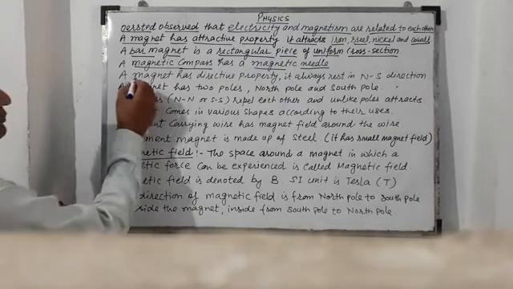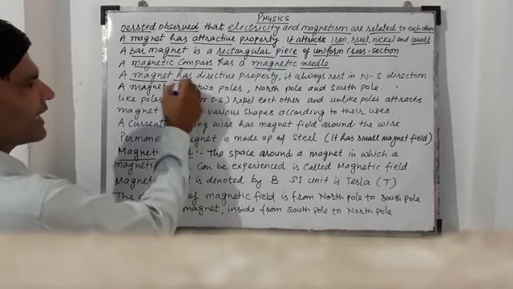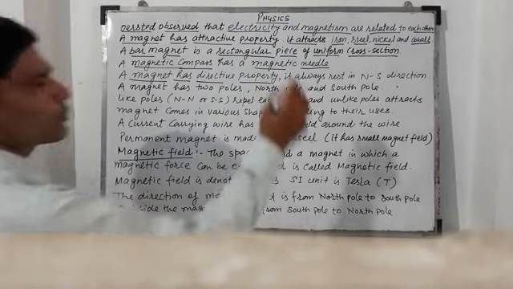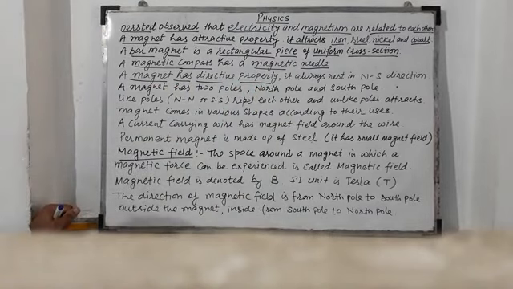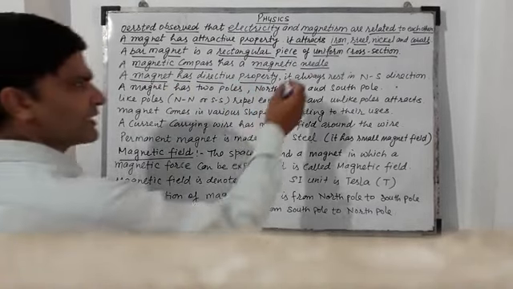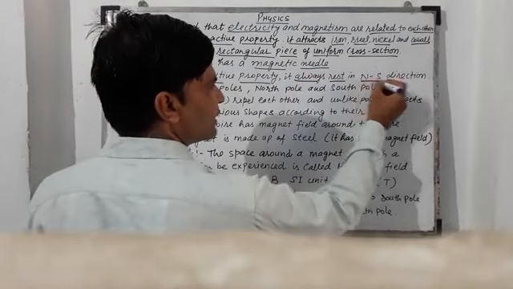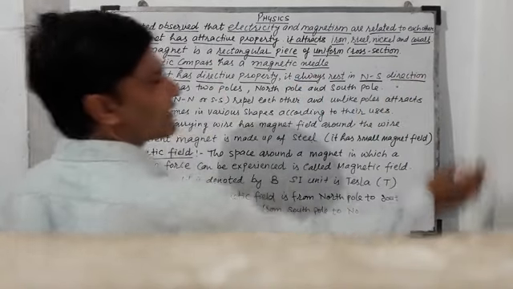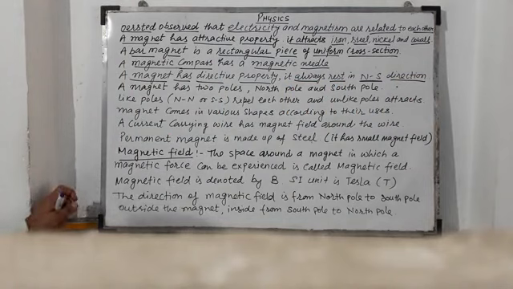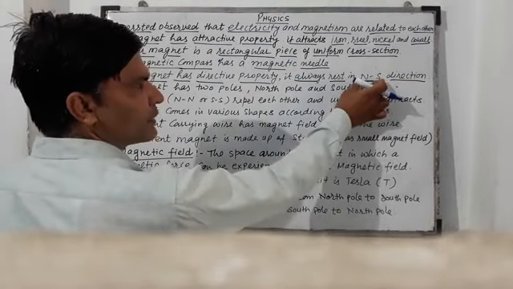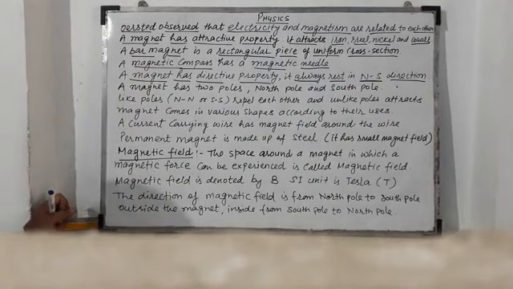So a magnet has directive property. It tells us about the direction because it always rests in north to south direction. A freely suspended magnet always rests in north to south direction.